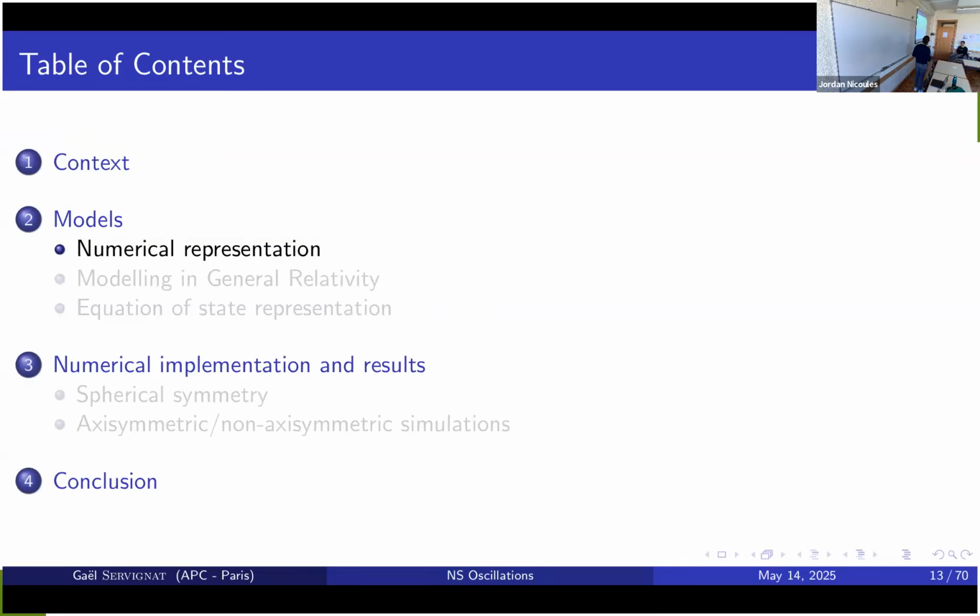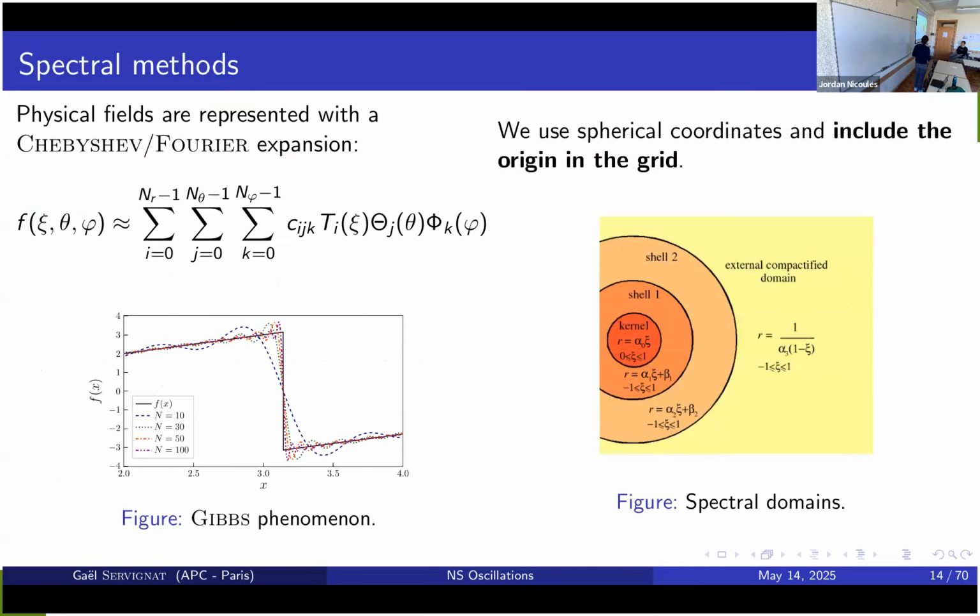Okay, so what's in the book? So we chose spectral methods for several reasons. First, the main reason is that Lorraine is built on spectral methods. So we want to build on what's existing. Lorraine is built on spectral methods because you have an expansion of any, say, scalar field on some basis of radial and angular variables.